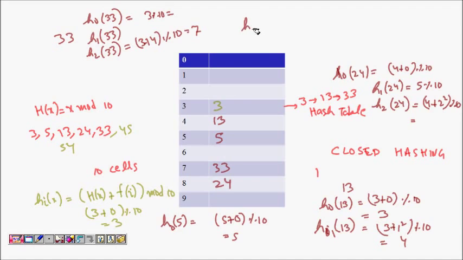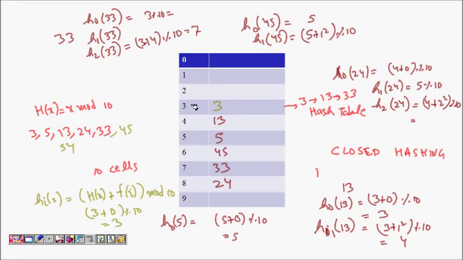Then we do 45. h0 of 45 is 45 mod 10, so 5 plus 0, so 5 would be the first place, but it's already occupied. h1 of 45 is 5 plus 1 square mod 10, so 6, and it will come here.